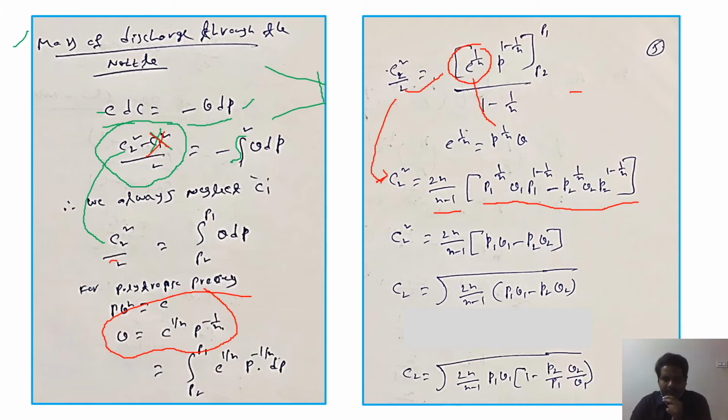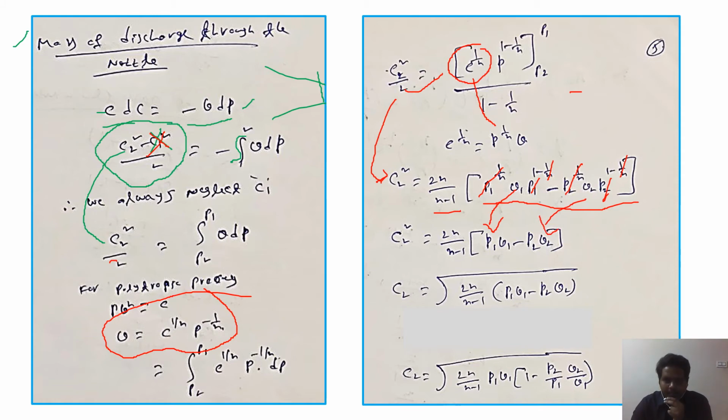Here P power 1 by n and P1 power 1 minus 1 by n get cancelled, so the remaining is P1 V1, and also here P2 power 1 by n and P2 power 1 minus 1 by n get cancelled, so the remaining is P2 V2.